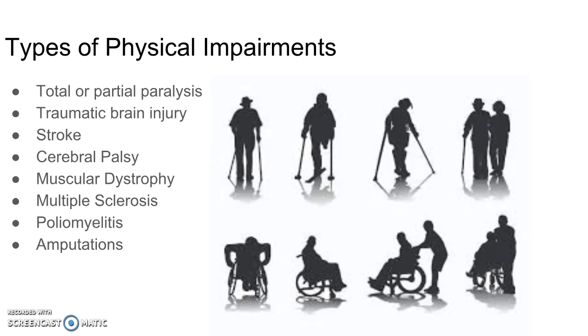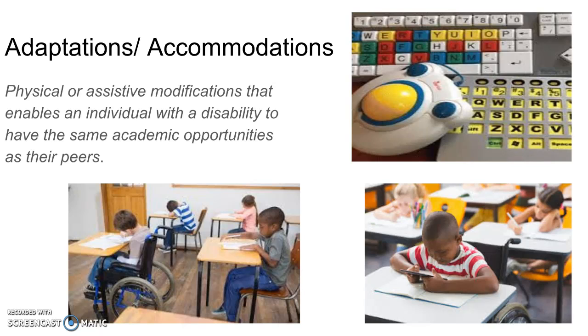Each student is unique, so the idea that a single accommodation will work for all should not be followed. Accommodations can be defined as physical or assistive modifications to a course that enables a student to have the same academic opportunities as their non-disabled peers. It is imperative to keep in mind that the accommodations should evolve along with the student.